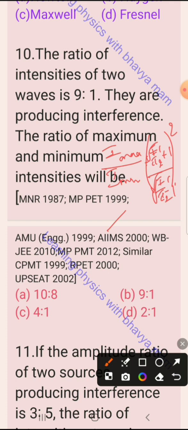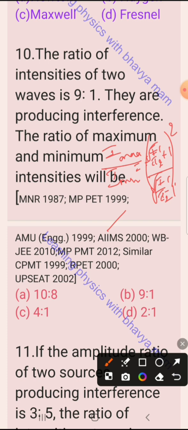I'll repeat, I max to I minimum is equal to square root of I1 by I2 plus 1, outside the square root, divided by square root of I1 by I2 minus 1 whole square. Is it clear?